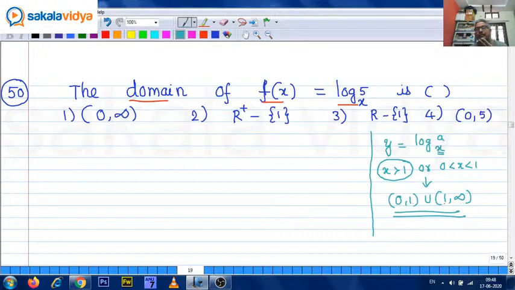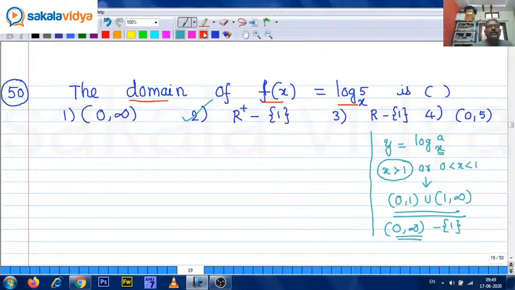That means 0 to infinity except 1, or we can write 0 to infinity minus the element 1. This 0 to infinity is known as all positive real numbers itself only. That's why the second option is the right option.